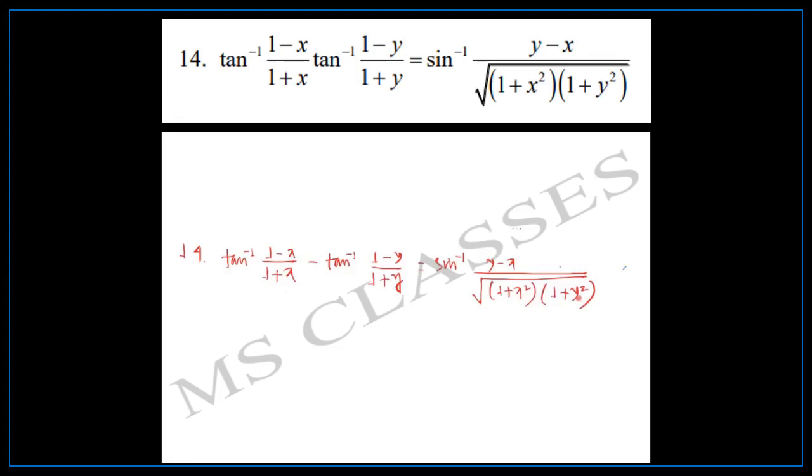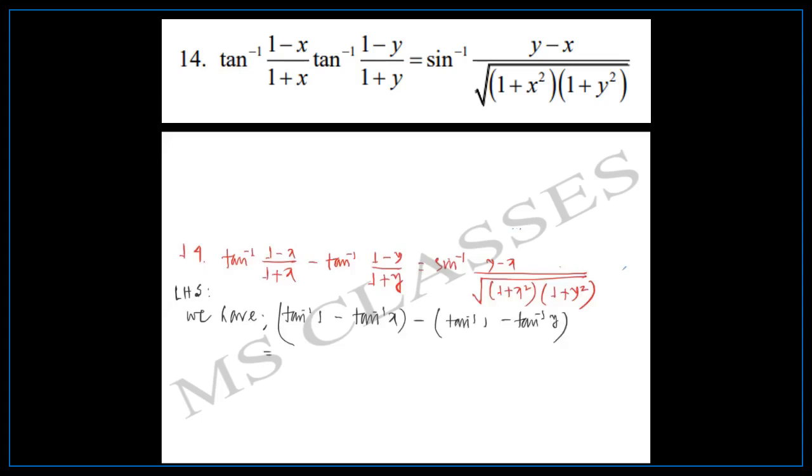Now, how can we proceed here? We can write this from the LHS as tan inverse of 1 minus tan inverse of x minus tan inverse of 1 minus tan inverse of y.